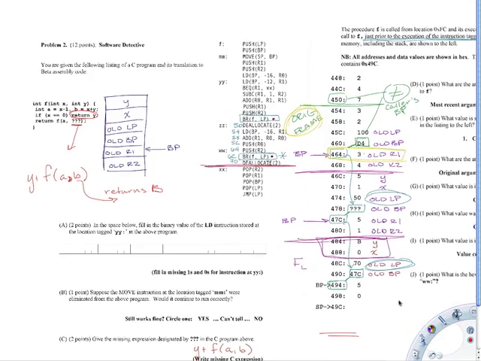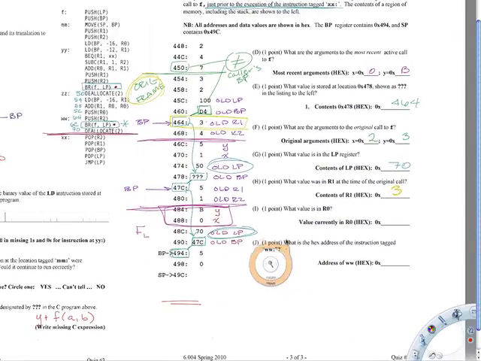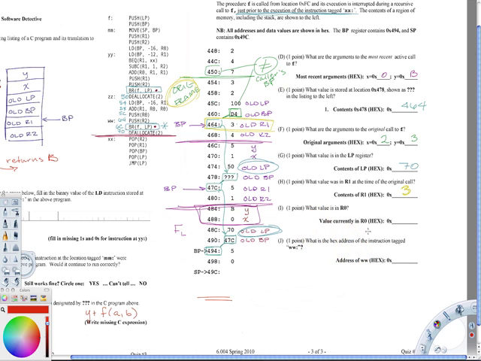So because of that, we can be clever. And at the time here, we want to know what's in R0. Well, we know that this would have returned the second argument to the function, which was b, right there. So that must have been what the recursive call returned, the second argument, because it's going back up the stack. And the reason we know it's going back up the stack is because it's done with the recursive call and it's doing this exit routine. Okay? So we know that the value in R0 has to be b.